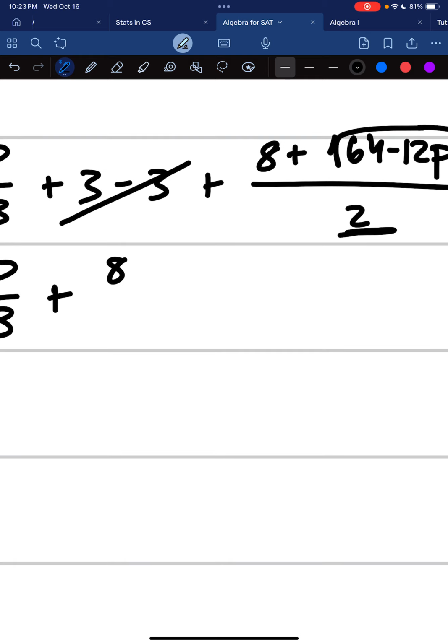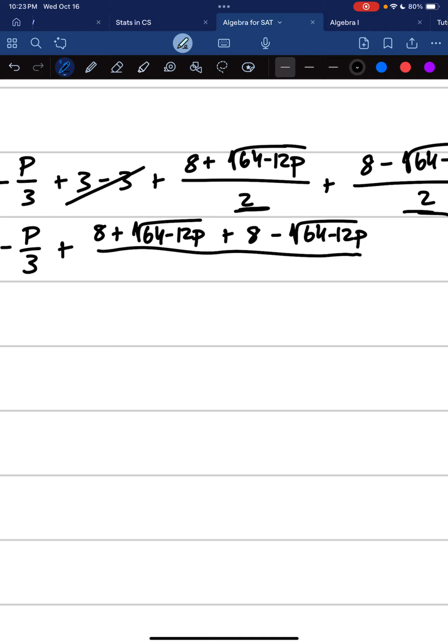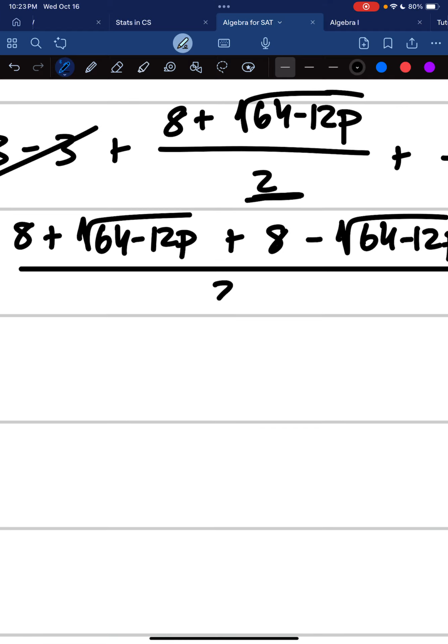Since they already have a common denominator, this is going to be 8 plus root 64 minus 12p, and then plus 8 minus root 64 minus 12p, all over 2.